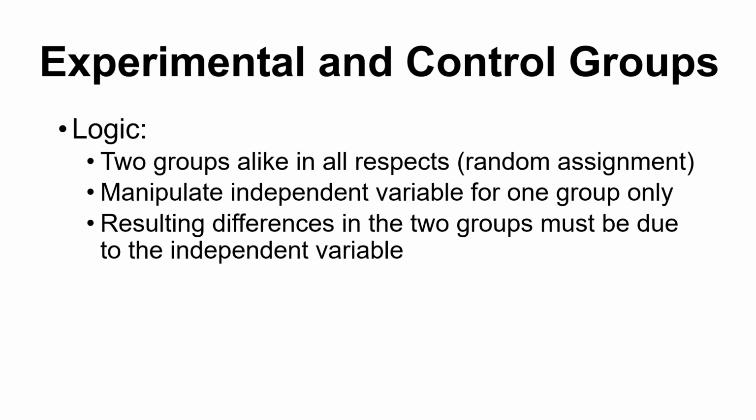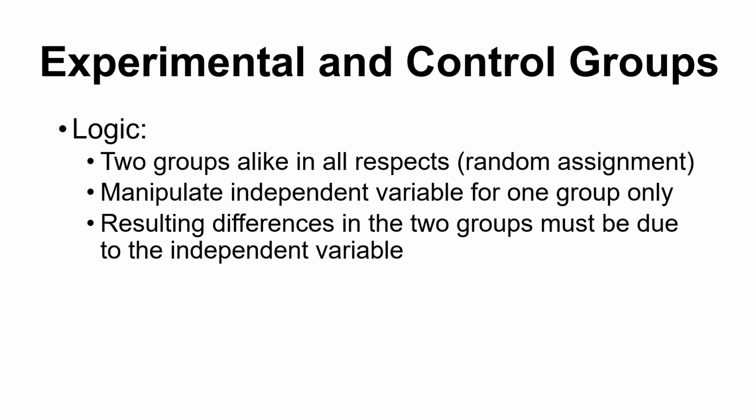So if the only thing different between our experimental group and our control group was that the experimental group was given extra study practice, and this experimental group performed better on their test, with a higher score for their dependent variable, then we would conclude that studying more led to an increase in their test scores.